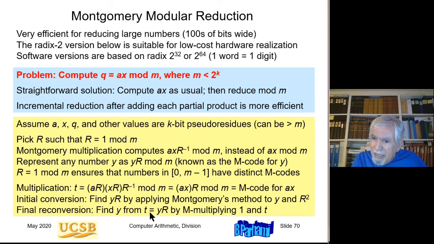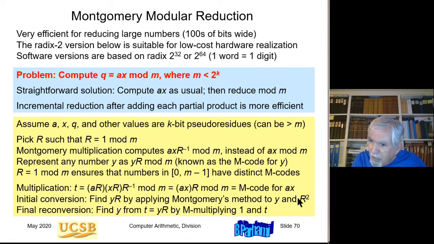And then at the end, I need to reconvert to standard representation. So how do I compute the Montgomery code for something? In other words, how do I compute y times r? Well, apply Montgomery's method to y and r squared.